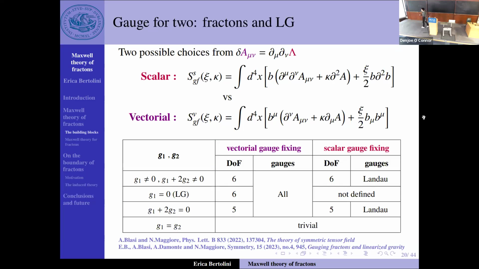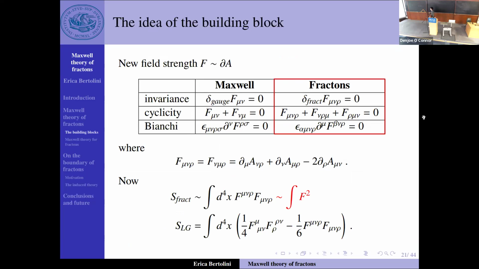This analysis also shows an additional pole in the propagators, which has a particular meaning. Indeed, we have here 5 degrees of freedom, and we will see that this is a traceless theory, which is interesting. I'll show you later.